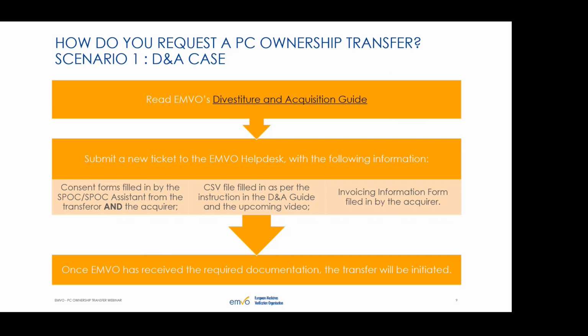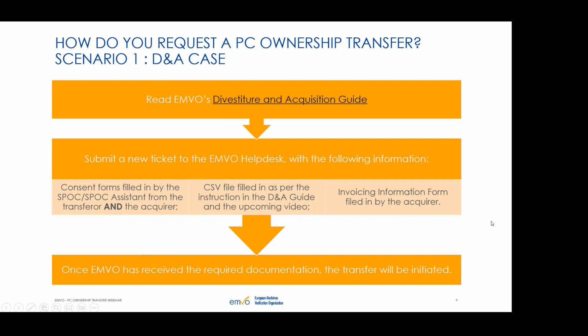After that, the OPP should submit a ticket to the ENVO help desk, including the consent forms from both parties, meaning both the acquirer and the transferor, the correct CSV file, and finally the invoicing information. We'll discuss later how you should fill in the CSV file in the correct way, so there are no issues with your transfer.